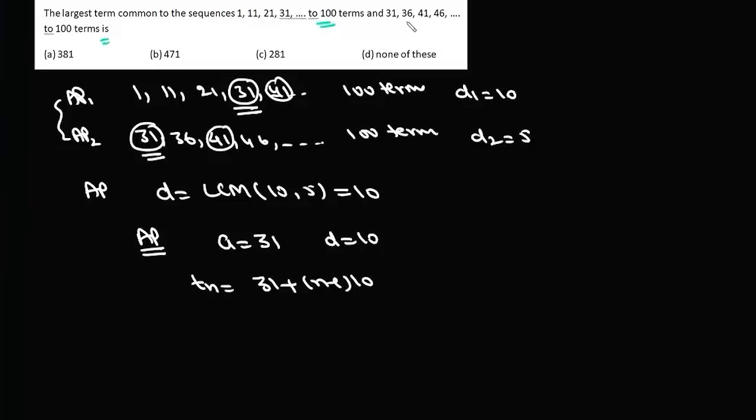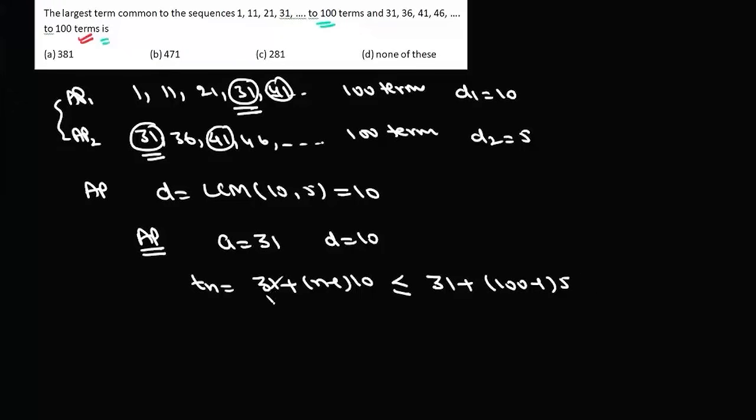Now basically minimum of the two sequences will be in this second series. So this Tn, it should be less than or equal to last term of this second sequence, and which is 31 plus 100 minus 1 into D, which is 5.